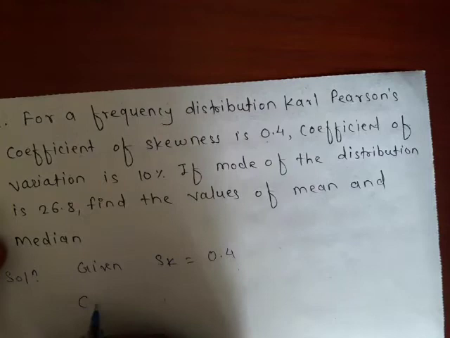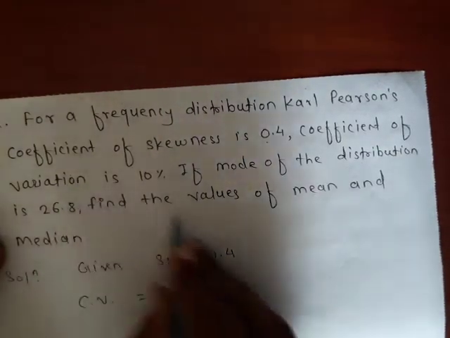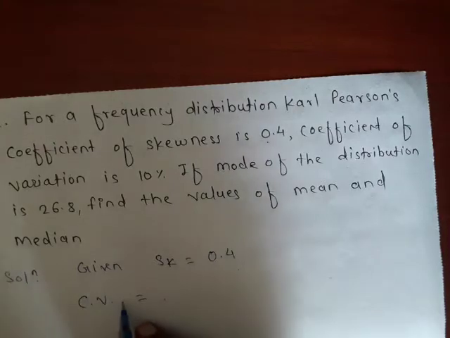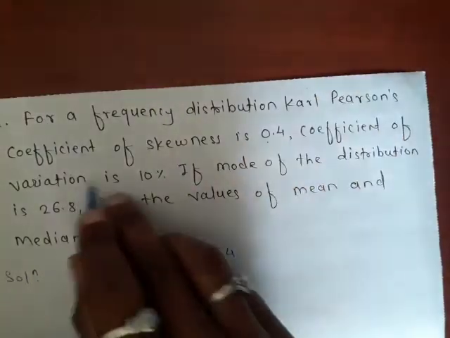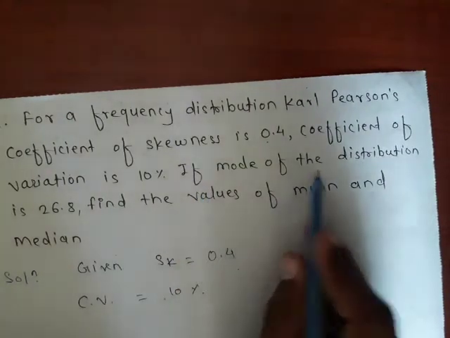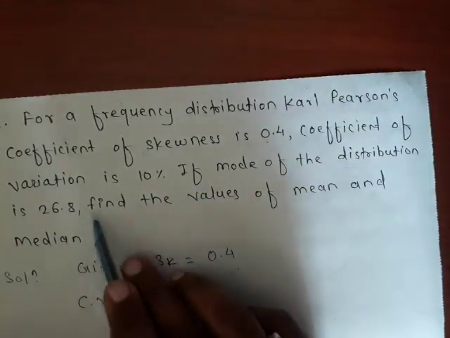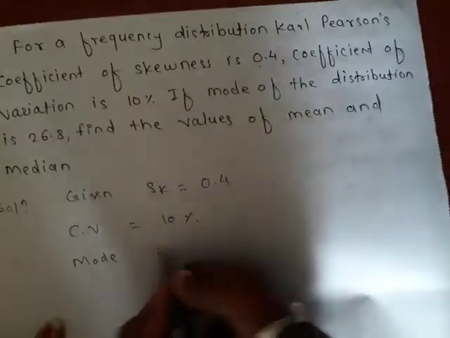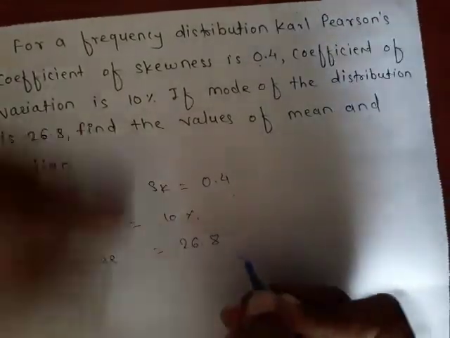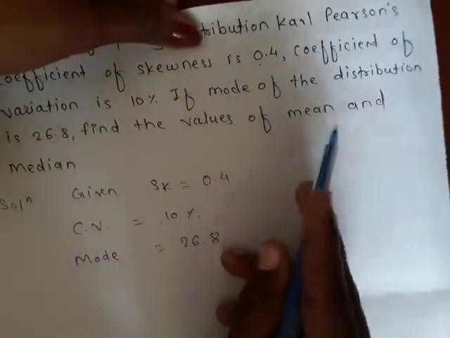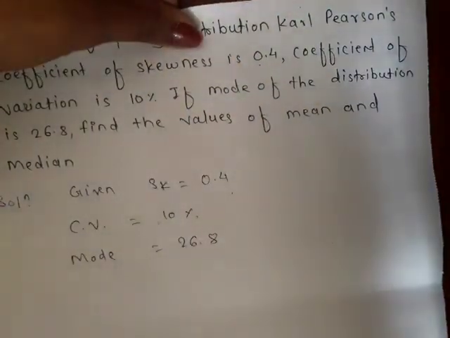Second, CV, the coefficient of variation, is 10%. Next, the mode of the distribution is 26.8, then find the values of mean and median.